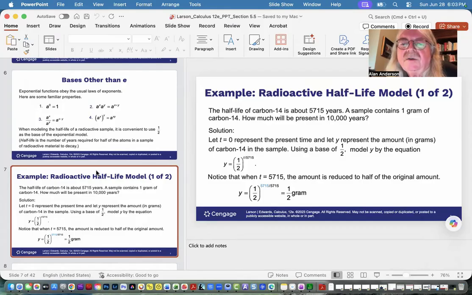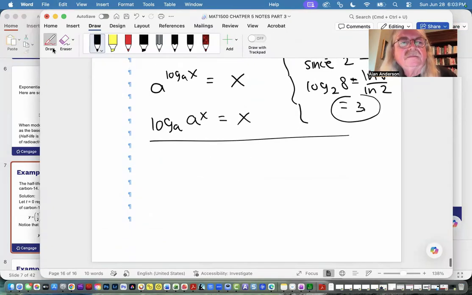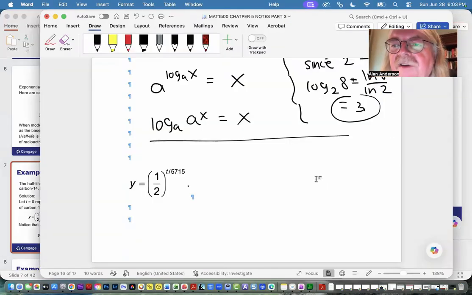Okay, so let t equal the present time. y is the amount in grams of carbon-14. So here's the model they want us to use. Whatever this element is, oh sorry, it's carbon-14, this is how we define its half-life.